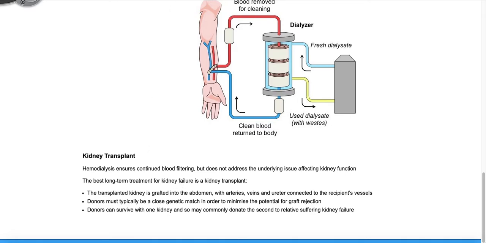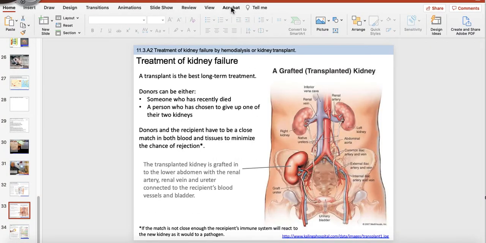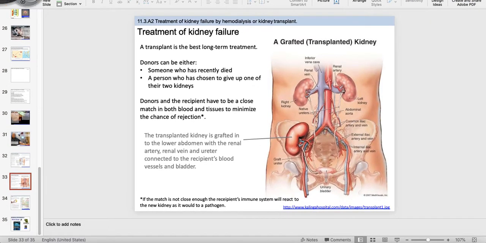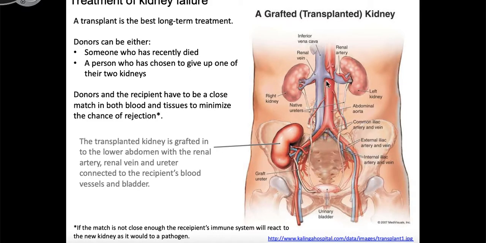So I'm going to actually go here to this slide because it has a little bit more detailed information. And this slide here shows you the treatment of a kidney failure via a transplant, right? So, of course, you need to find a donor first.